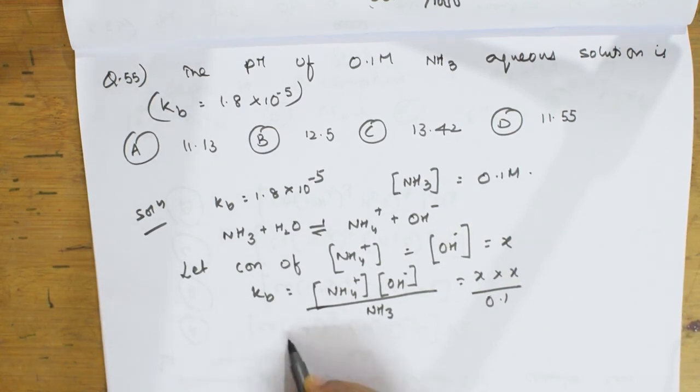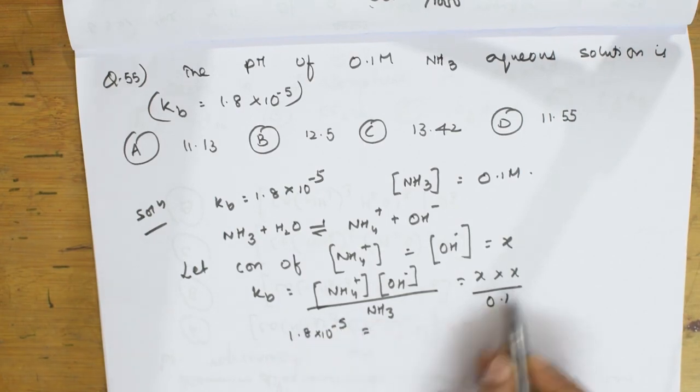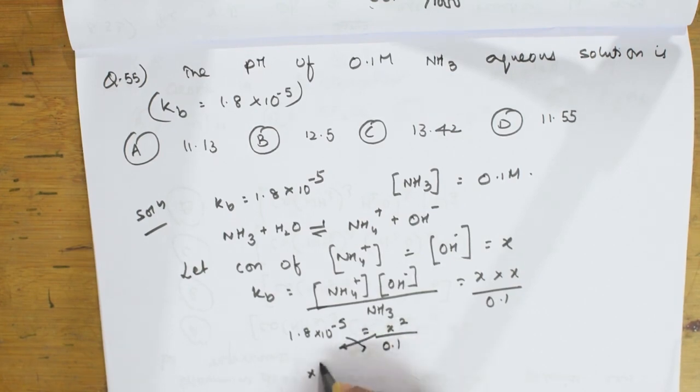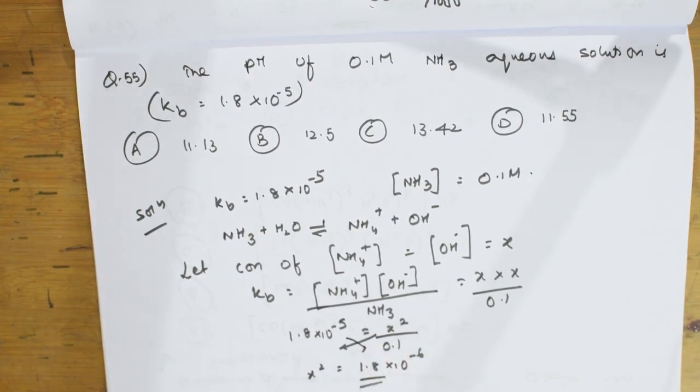Correct. Now what is the Kb value? It is nothing but 1.8 into 10 raised to the -5, and X into X is X squared by 0.1. Correct. Now I cross multiply, X squared becomes equal to 1.8 into 10 raised to the -6. Hope this is clear, students.